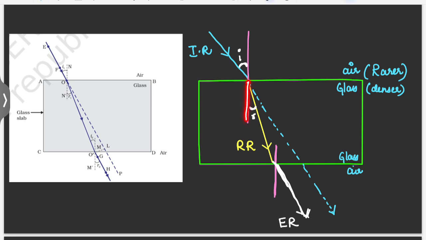That is, between the normal and the refracted ray, this angle is called angle of refraction. Are both angles the same or different? Both angles are different, because this is bigger and this is small, you can see here. So angle of incidence is greater when compared to angle of refraction.